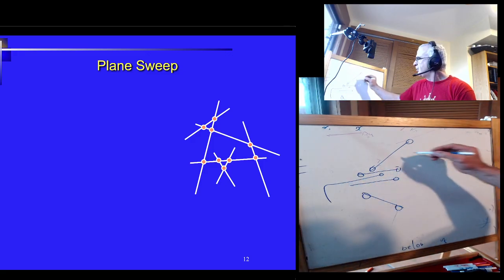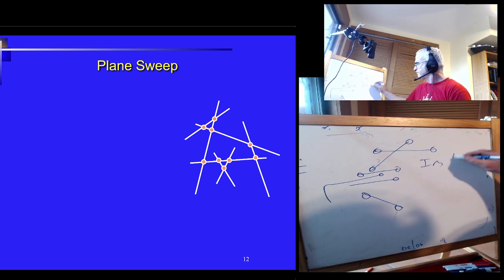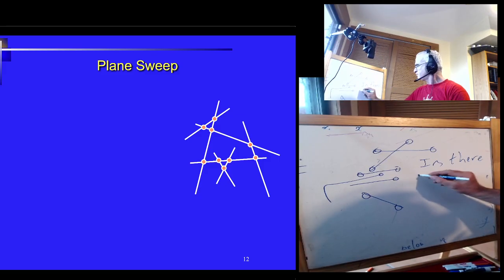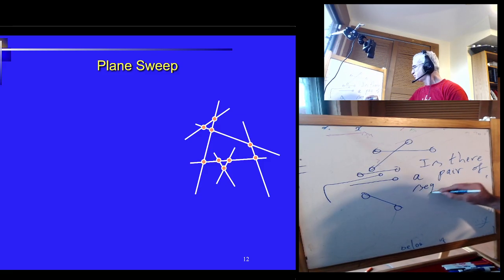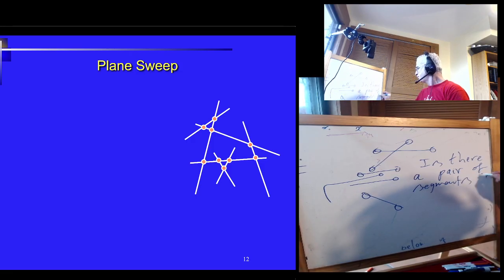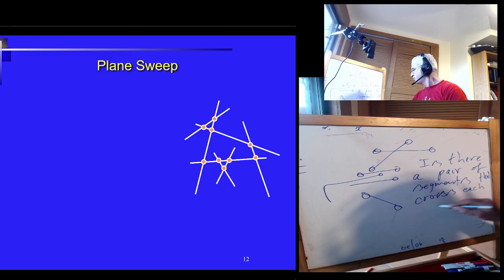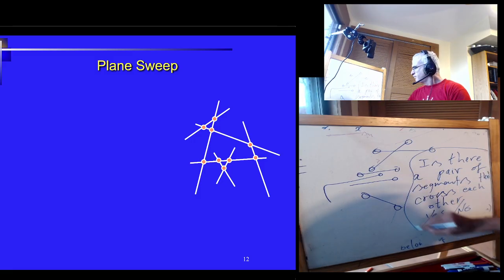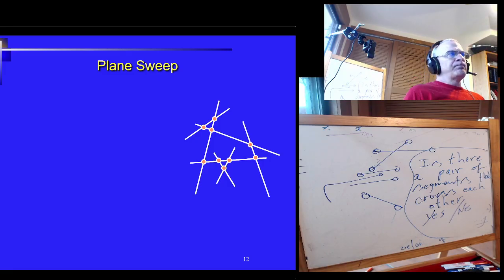And all I want to ask is whether any pair crosses. All I need is a yes/no answer. If my drawing is correct, then I don't have any answer.